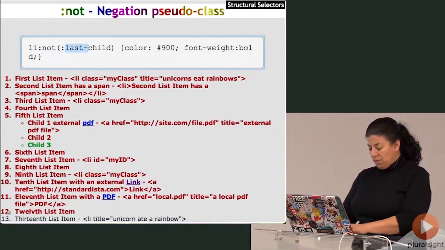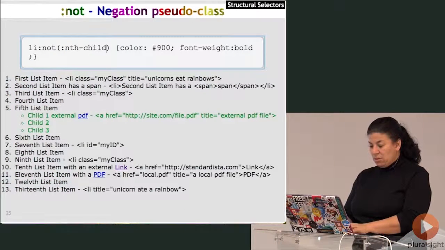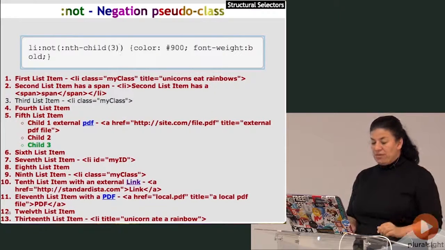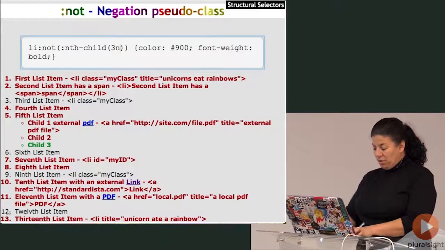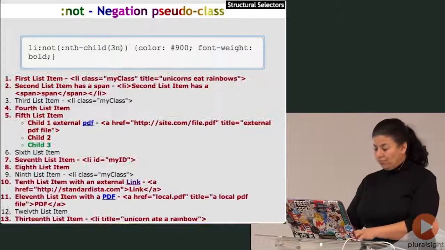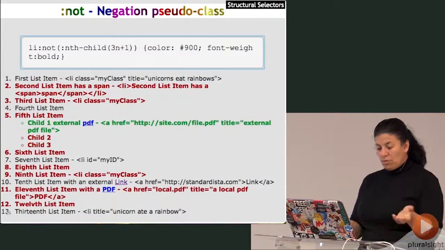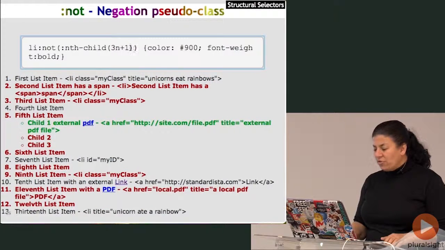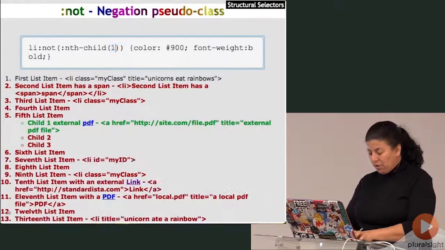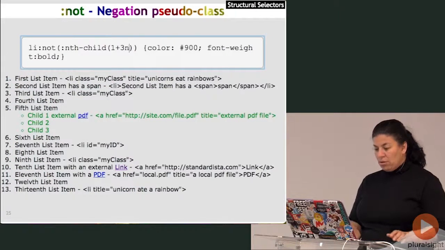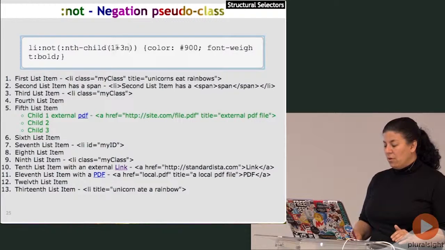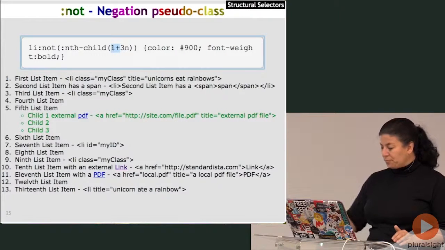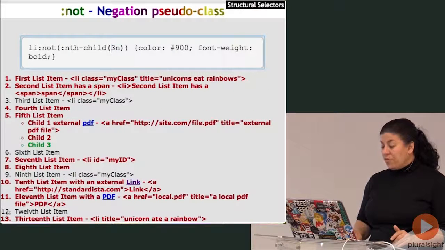I could have done nth child 3, so everything except for the third. 3n, anything except divisible by 3, with an offset of 1, right? I'm just going to confirm that 1 plus 3n does not work. See how I remember when I said you had to put the n first. So that's omitting stuff.